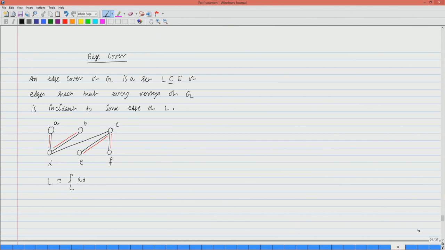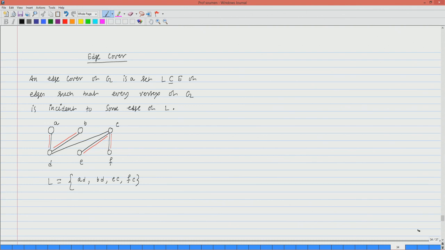For simplicity, I am just writing AD. AD means it's an edge AD. AD, BD, EC and FC. So, this is an edge cover, because you can see that every vertex is covered.